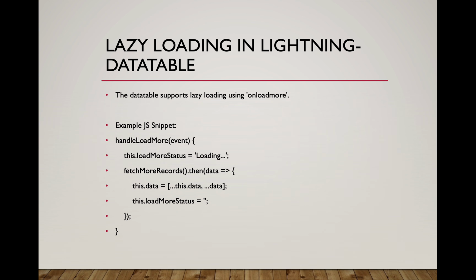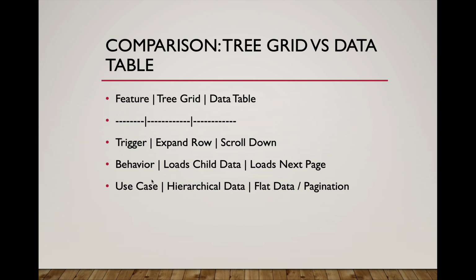Another way is when you scroll down in a lightning data table and reach the end of it, new records will be loaded. So this is the example JS snippet for it.